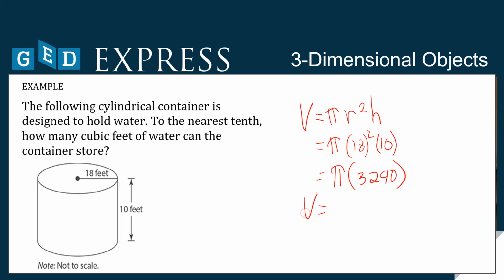So the volume is equal to 10,178.8. So the container can store up to 10,178.8 cubic feet of water.